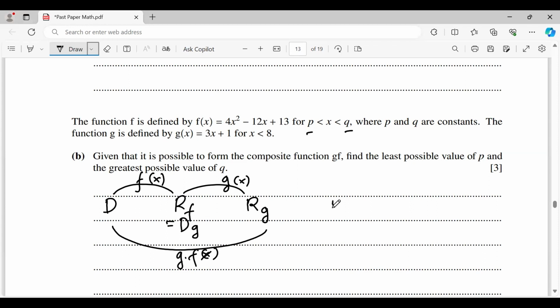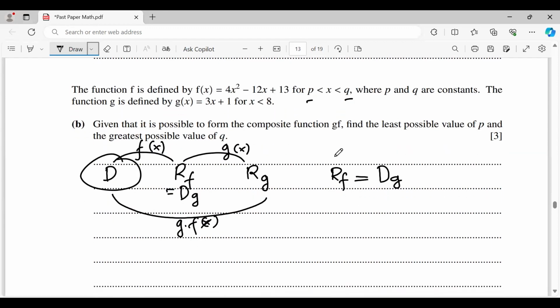So it means range of functions f will become equals domain function g, this one, yeah, okay, domain of this one will be range function. So we can writing that range function fx less than 8 because of this statement, okay.